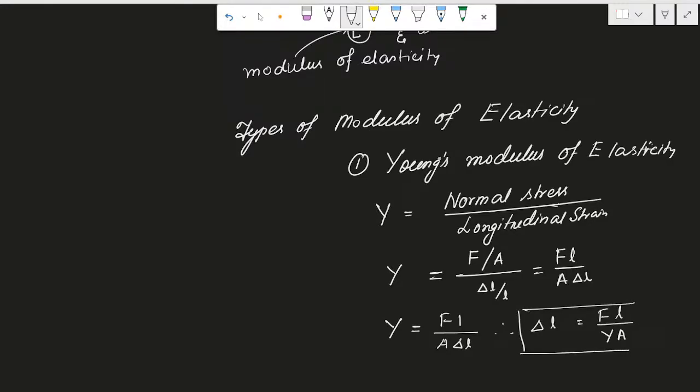Delta L is the linear deformation in this case. This is about Young's modulus of elasticity. Clear or not clear?